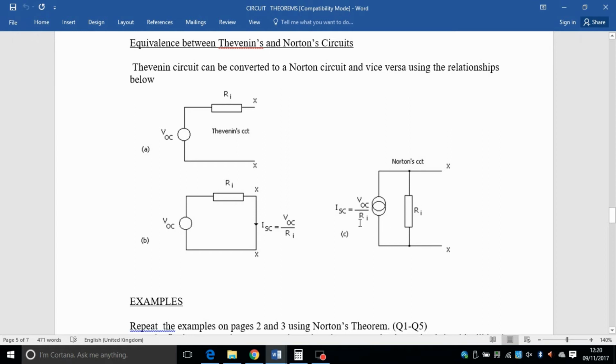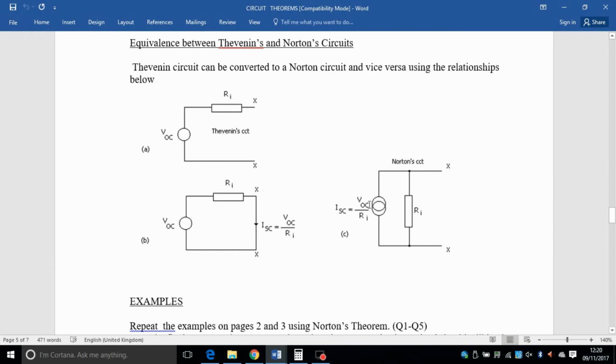To find the short circuit current, it is the open-circuit voltage over Ri, because we short circuit this path, and once you short circuit it, this voltage over this resistor will give you this current, and that will go there. And you can go back the other way as well, using the same equations.